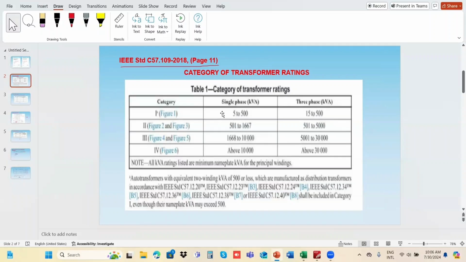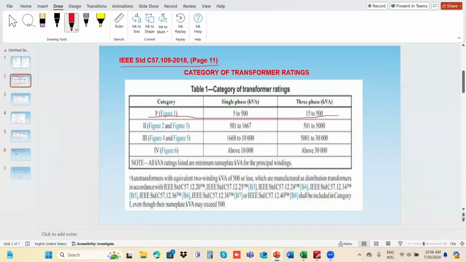Now in our sample, we are using the 300 kVA three phase, meaning it is under category 1. So we will apply category 1.